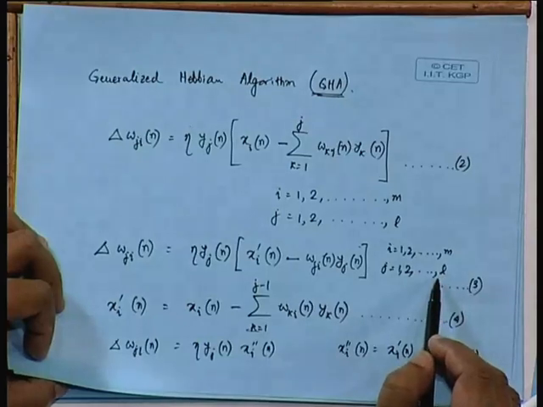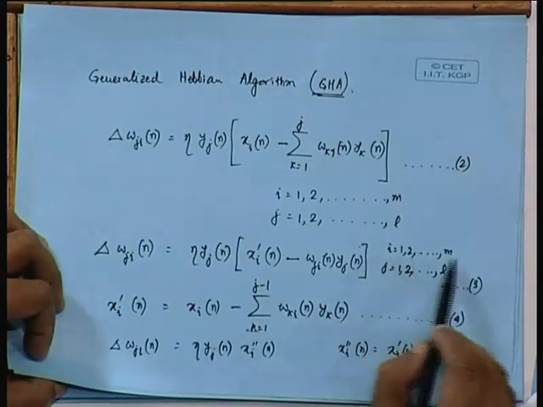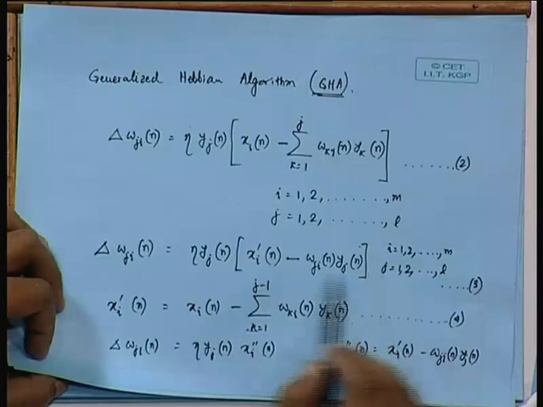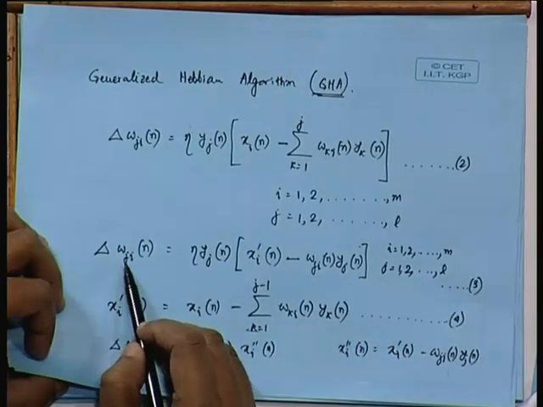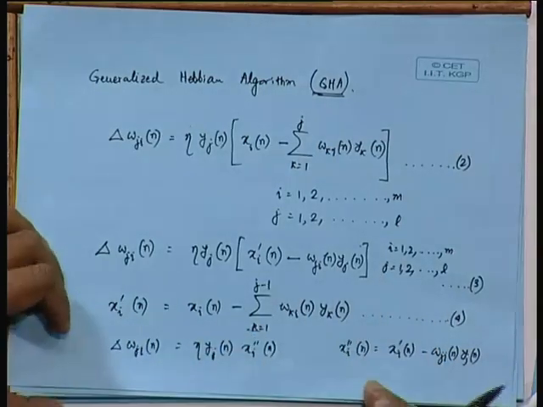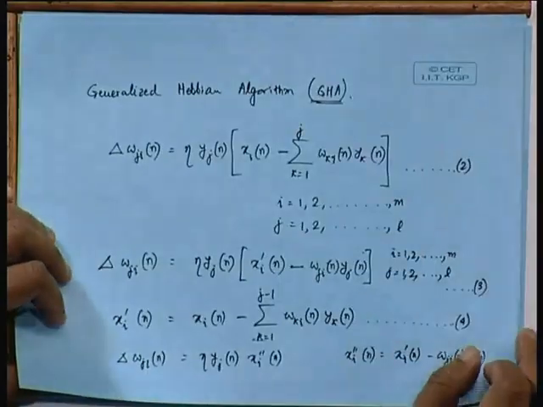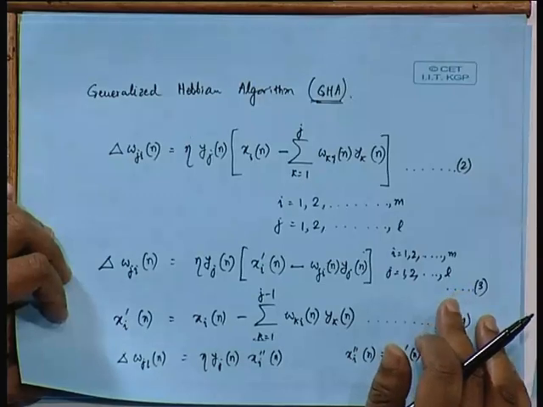If we repeat equation number 3 for all these i's, that means writing m such equations, wj1 n equal to this, wj2 n, and like that m different equations, this would be equivalent to expressing it in matrix form.